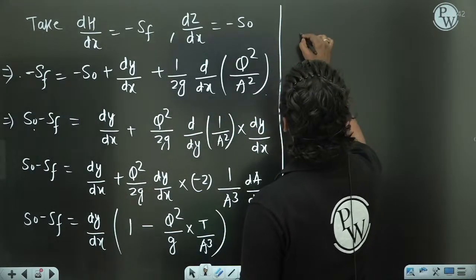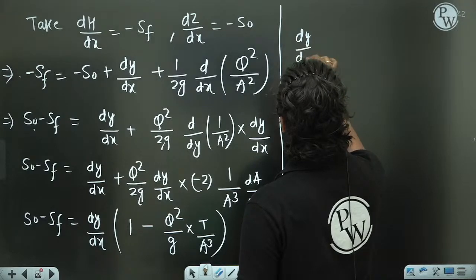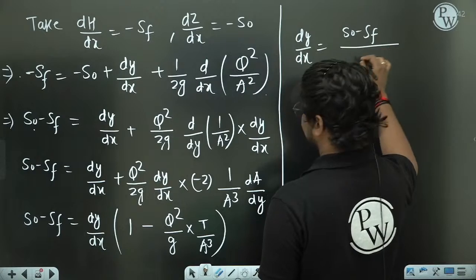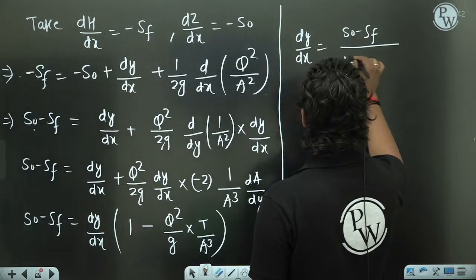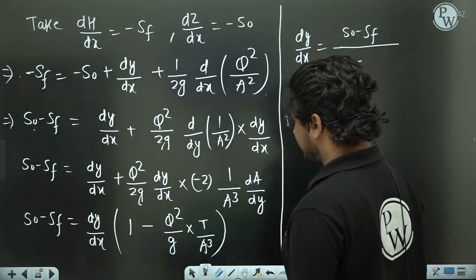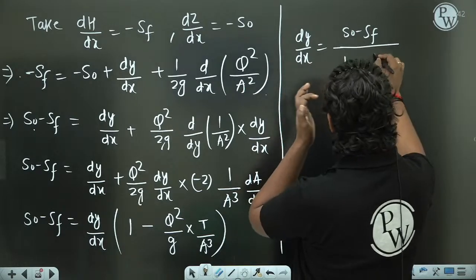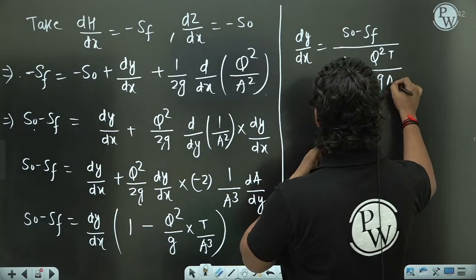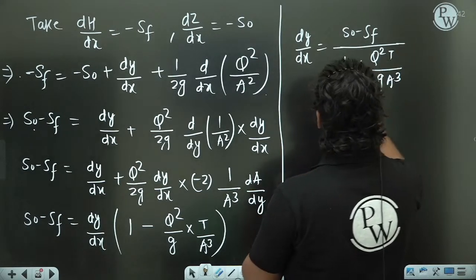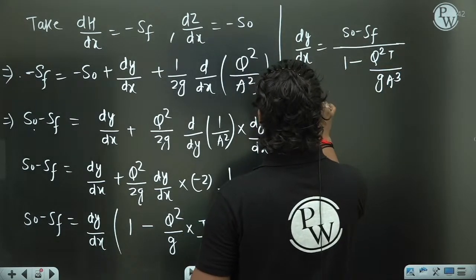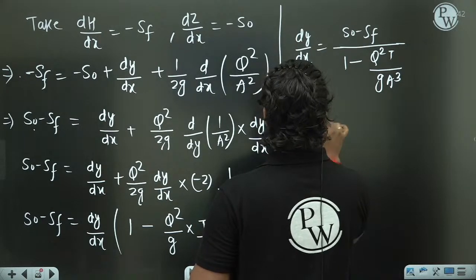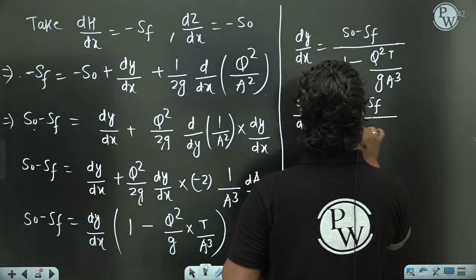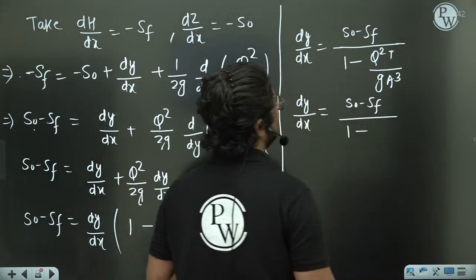So I can write dy upon dx is equal to S naught minus SF divided by 1 minus q squared T upon g into a cube. So dy upon dx is equal to S naught minus SF over 1 minus this.